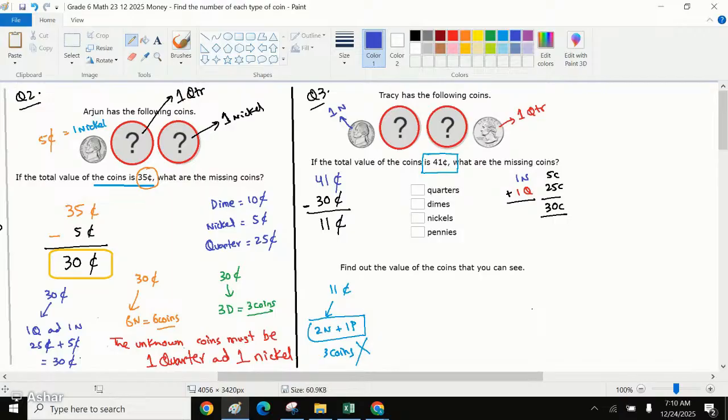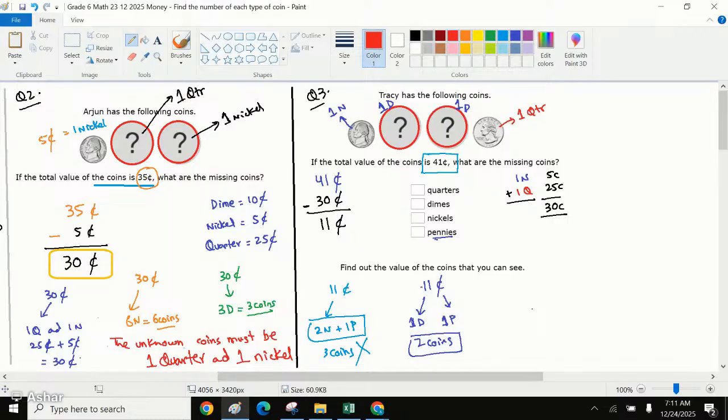So can we say that 11 cents can be formed by 1 dime and 1 penny, or 1 cent, right? That means the total is 2 coins. Agreed? So which coins do we have over here? We have 1 dime and 1 penny, because they've used the word pennies over here, or cent, right?